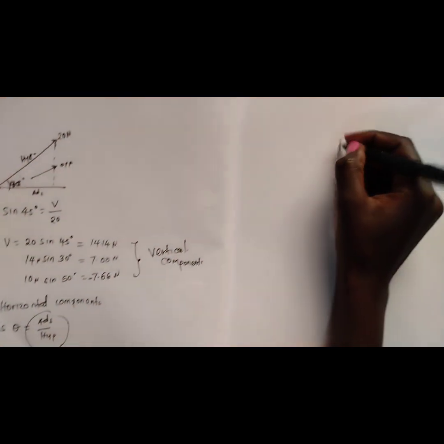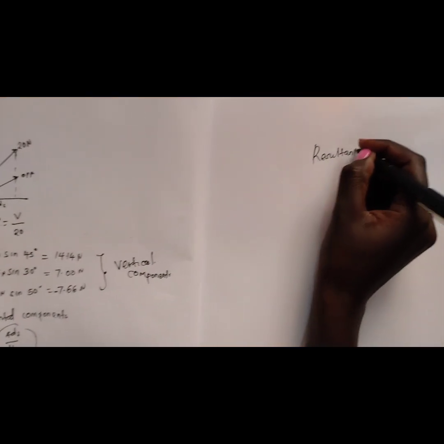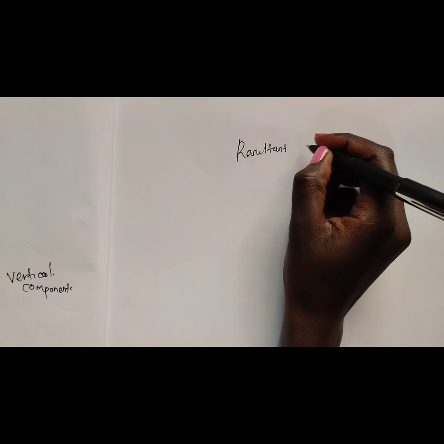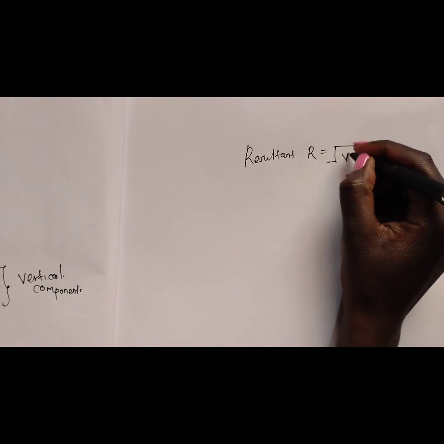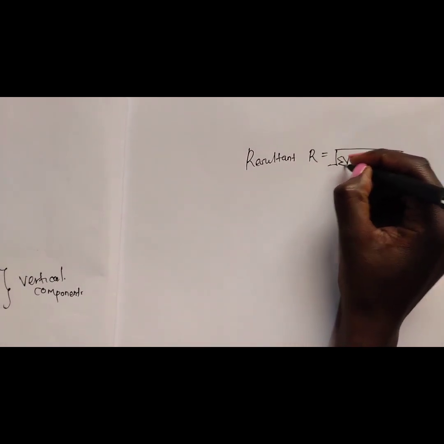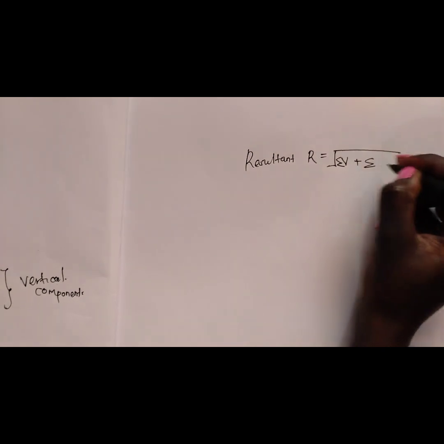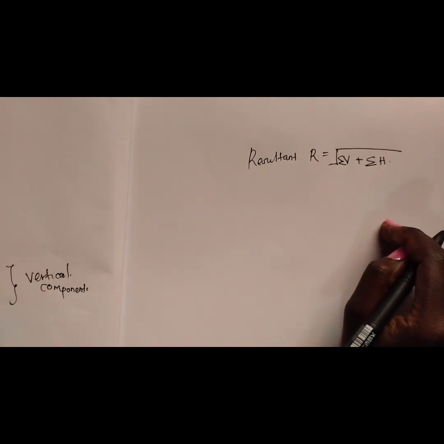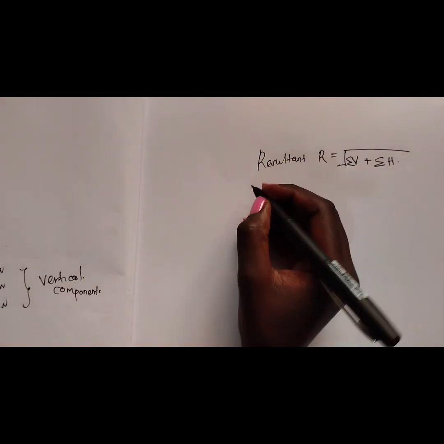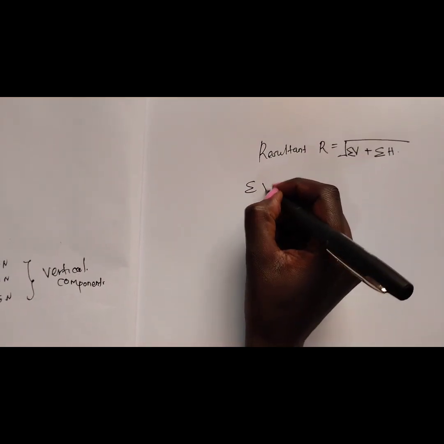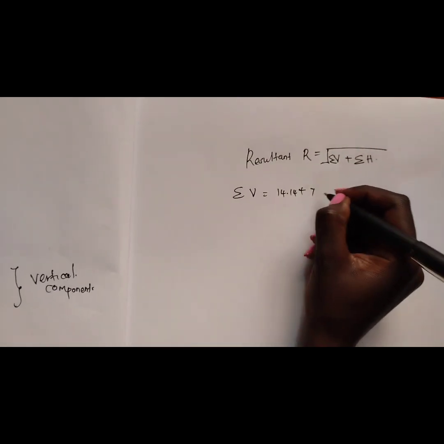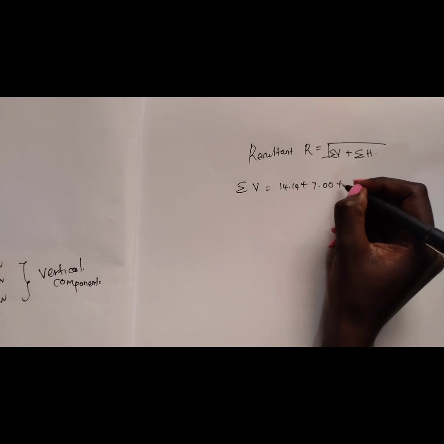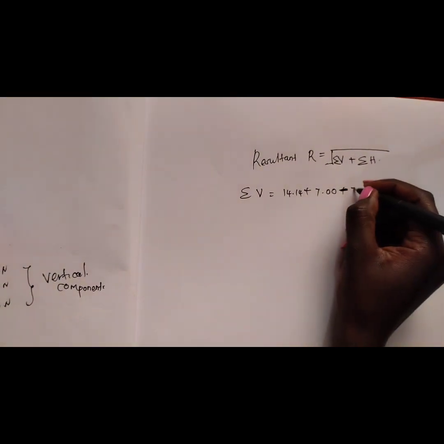Now in getting the resultant, R is equal to the square root of the summation of all vertical components squared, plus the sum of all horizontal components squared. So we need to find the summation of all. For the vertical components: 14.14 plus 7.00, plus, it was negative, so minus 7.66, and you get that.